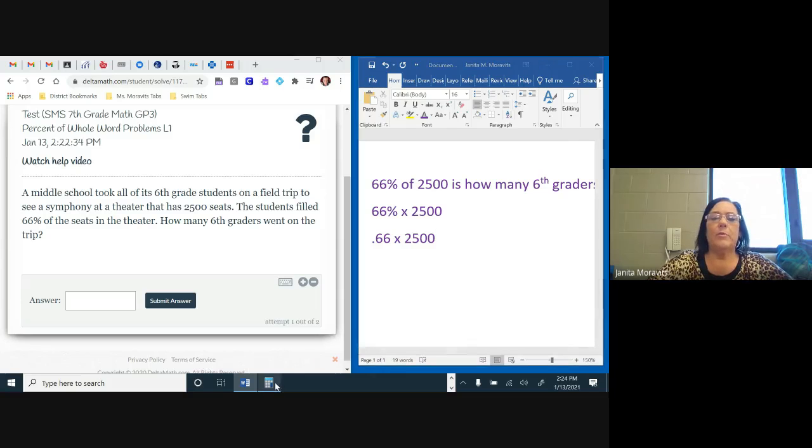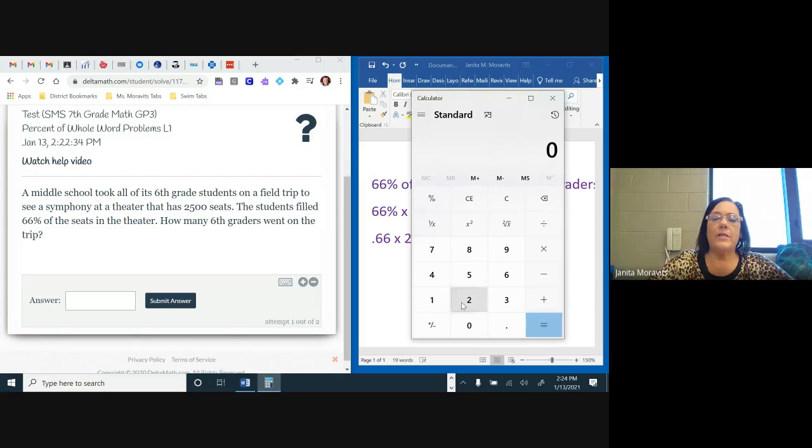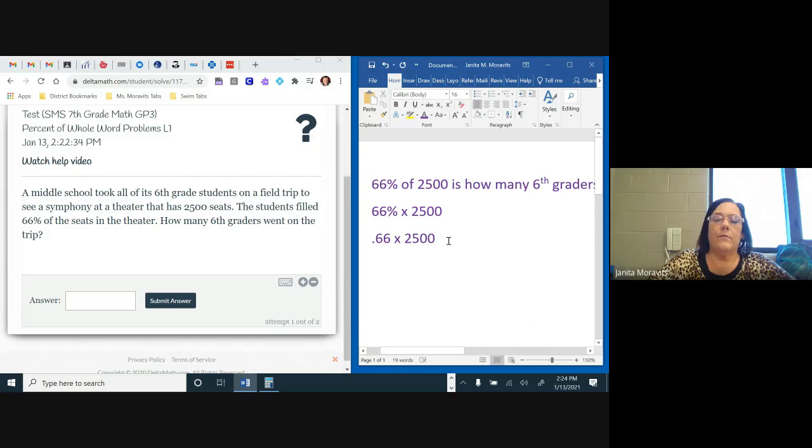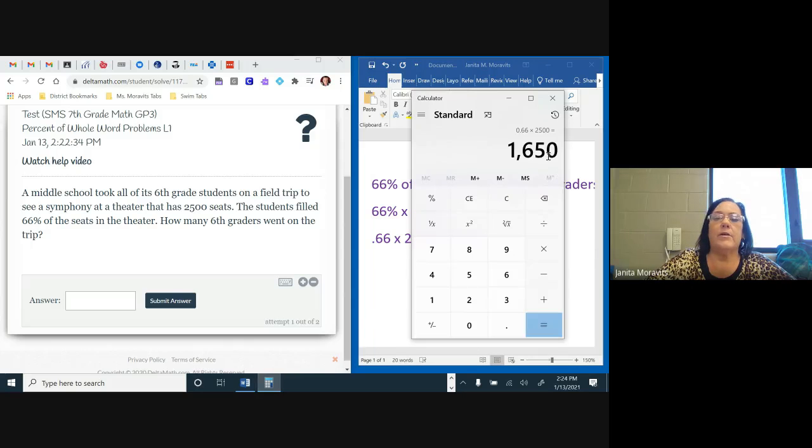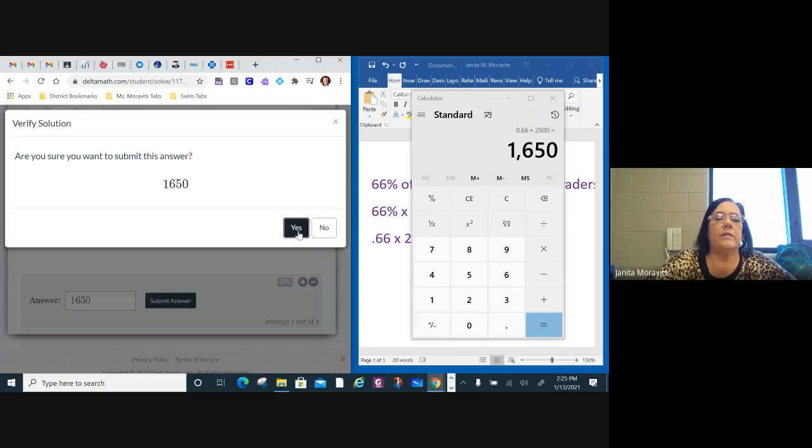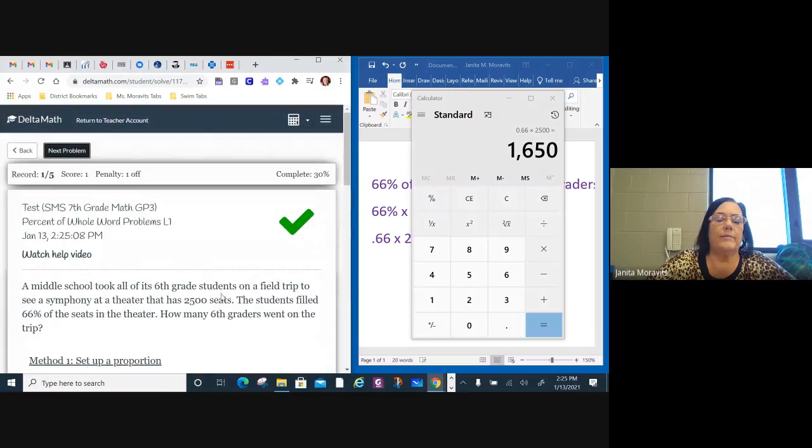And let's multiply that out and see how many sixth graders there were. 0.66 times 2,500 equals 1,650. On our calculator again, see our number 1,650. So there were 1,650 sixth graders that went on that trip.